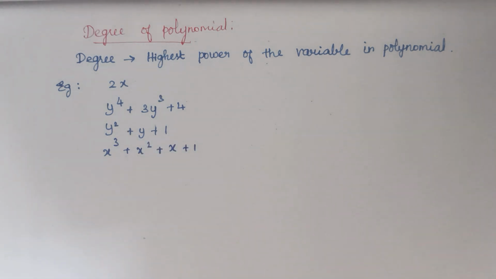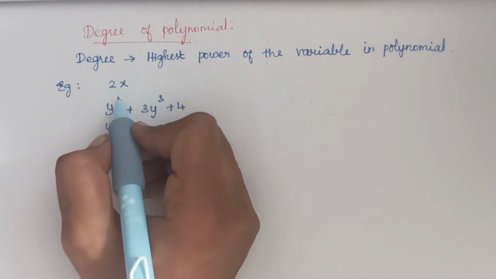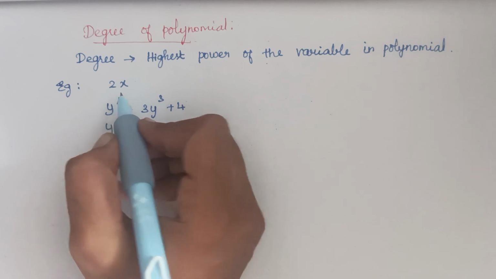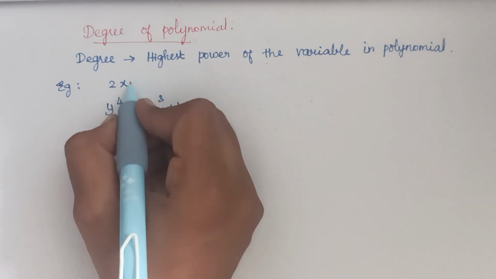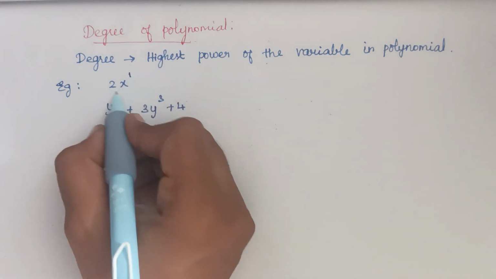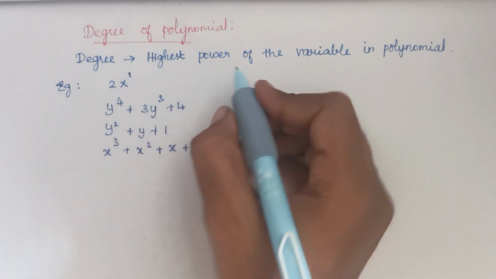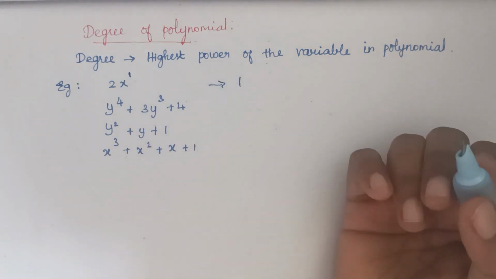Here I took four examples. The first is a single term, a monomial. What is the degree of the polynomial? The degree means the power of that variable. Only one term is there, and the power of that variable is 1, so the degree is 1.